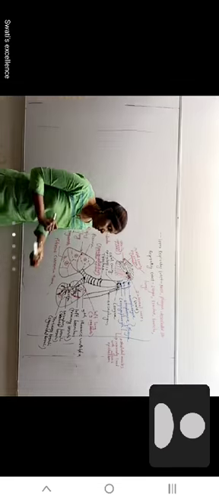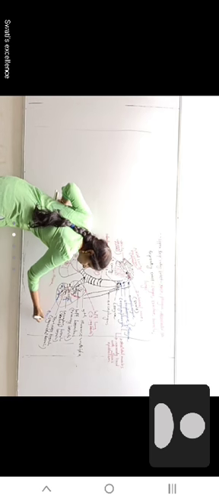Now, these tertiary or segmental bronchi further divide into bronchioles. What do they divide into? Bronchioles. Okay? Bronchioles are also supported with cartilage. Finally, the bronchioles divide into terminal bronchioles. Are you understanding? Yes.